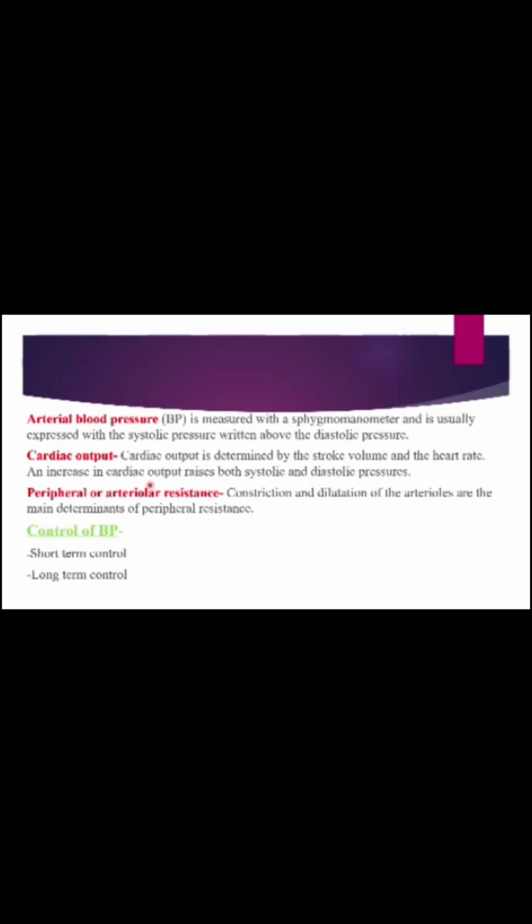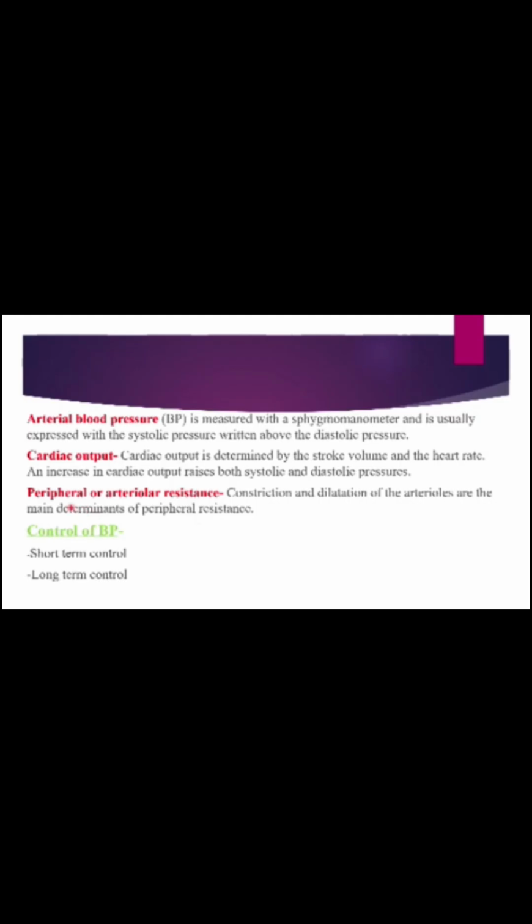Cardiac output means the amount of blood ejected from each ventricle per minute, which is normally 5 to 25 liters per minute. Cardiac output is regulated by the stroke volume and the heart rate. Cardiac output equals stroke volume times heart rate, and BP equals cardiac output times peripheral resistance.